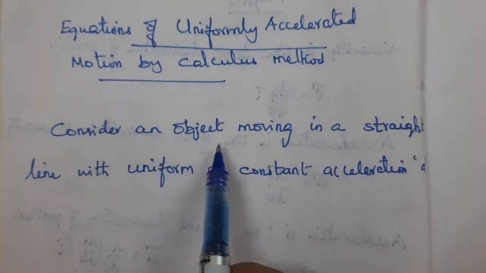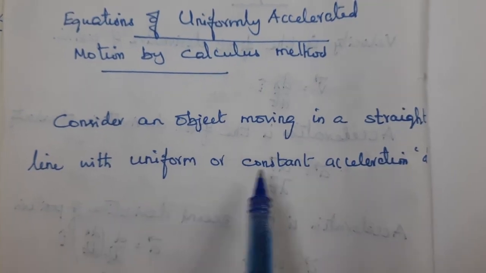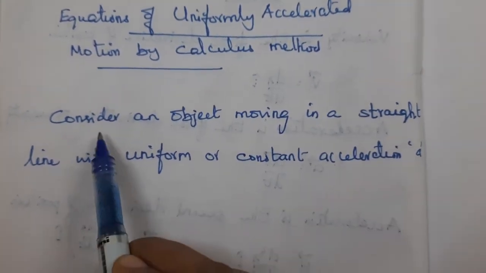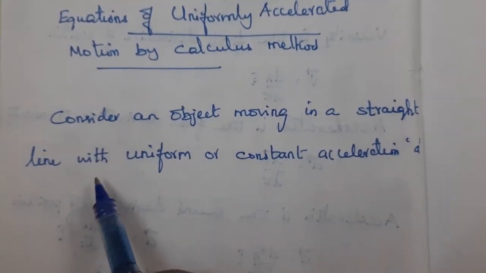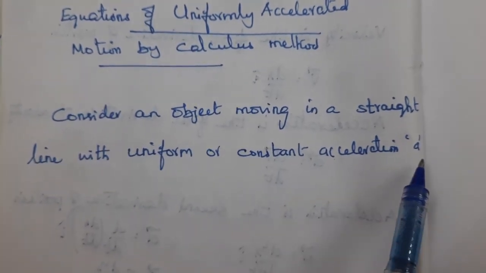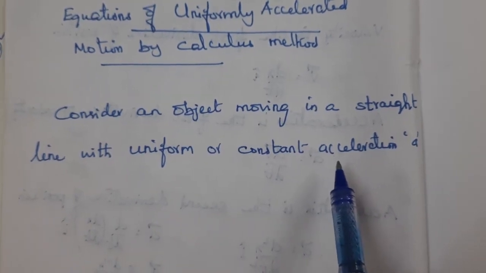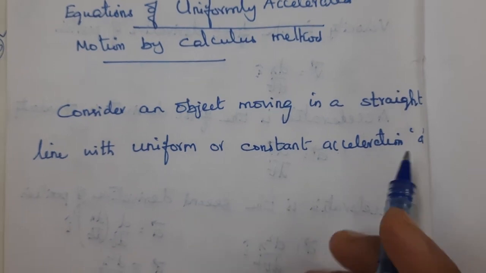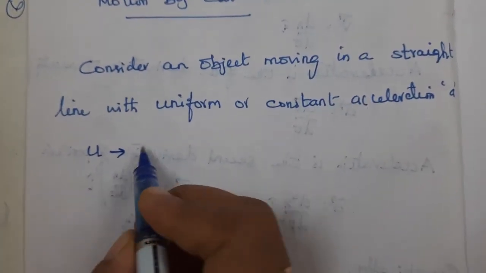Consider an object moving in a straight line with a uniform or constant acceleration a. What is constant acceleration? The change in velocity per unit time is the same. It is constant acceleration.